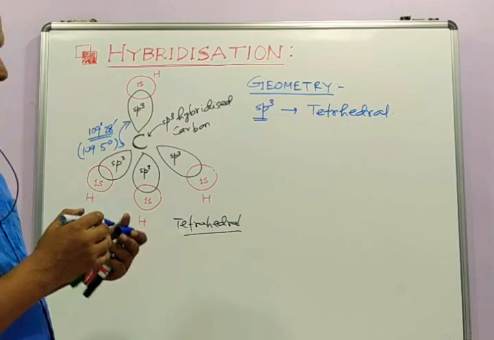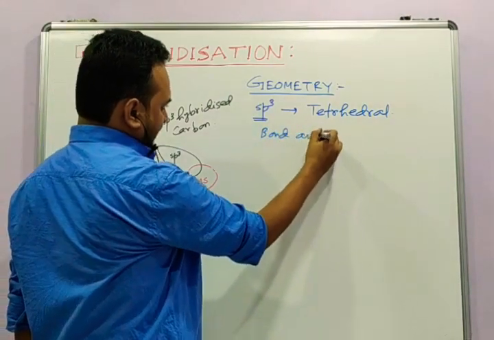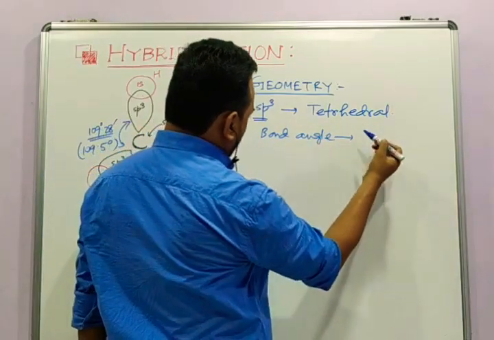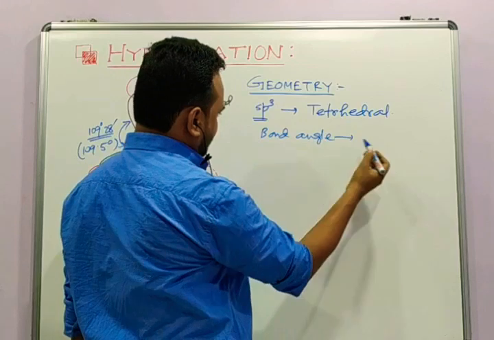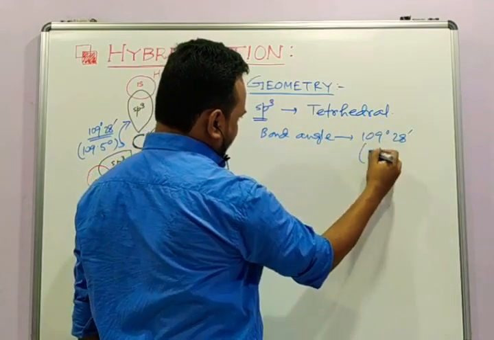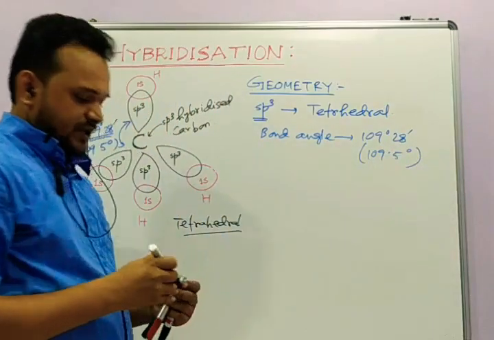So for sp3 it is a regular tetrahedron, no deviation from perfect tetrahedral geometry, and the bond angle becomes 109 degree 28 minutes, or roughly 109.5 degree. Okay.